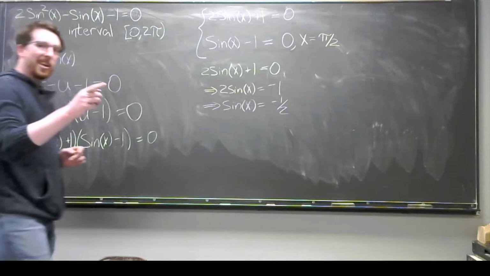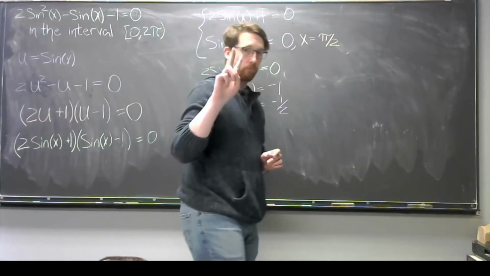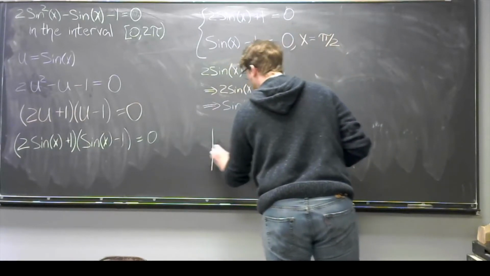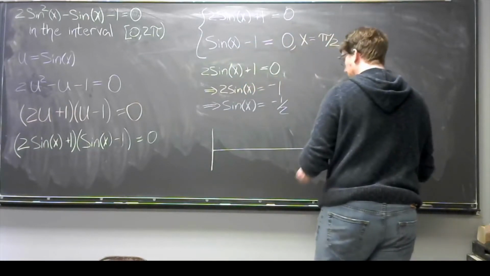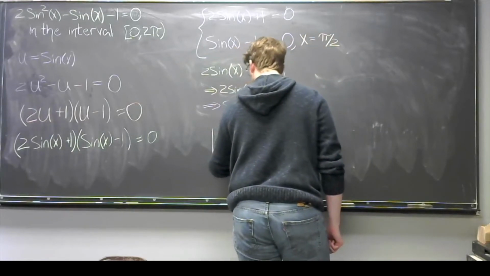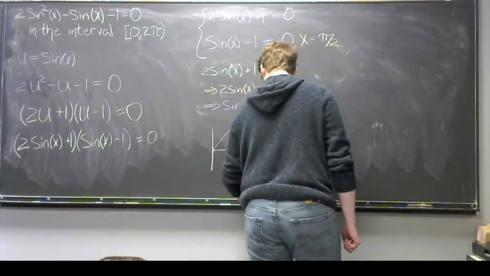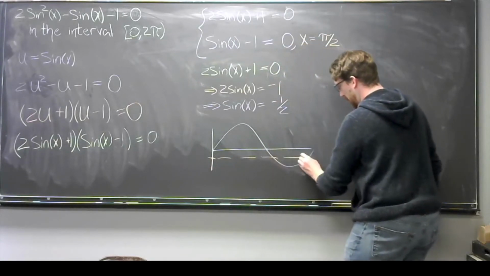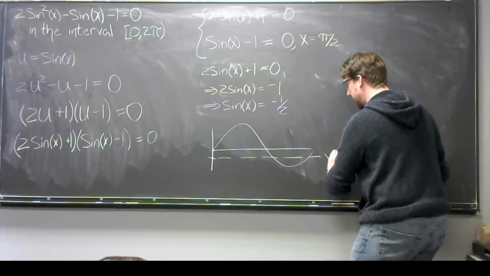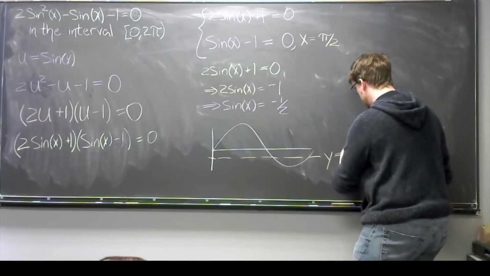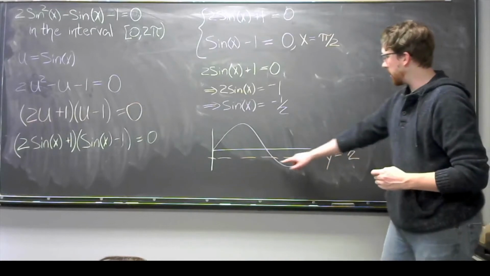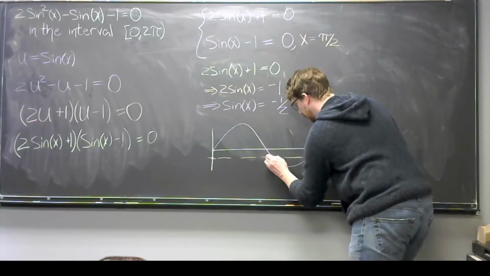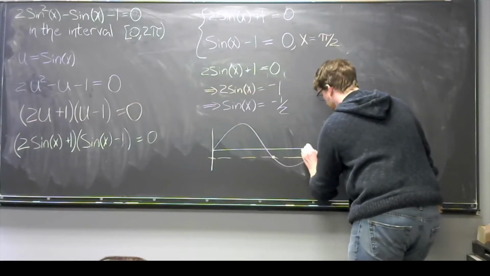Well, this happens in exactly 2 places. Drawing our graph again, putting a line through y equals negative 1/2, we see that it happens in exactly 2 spots. Here and here.